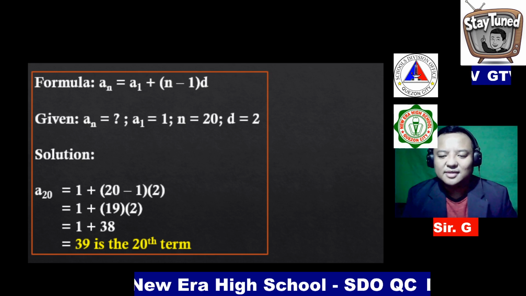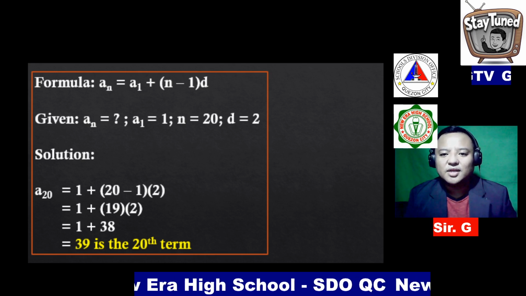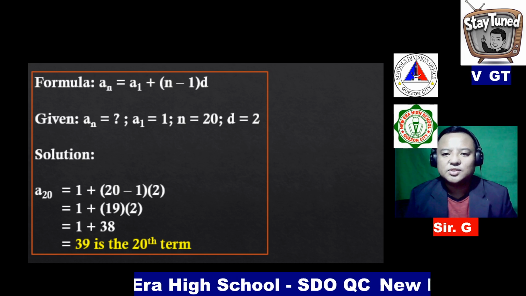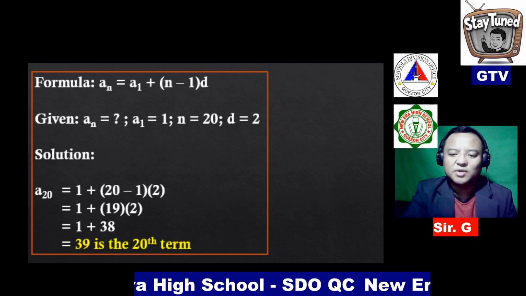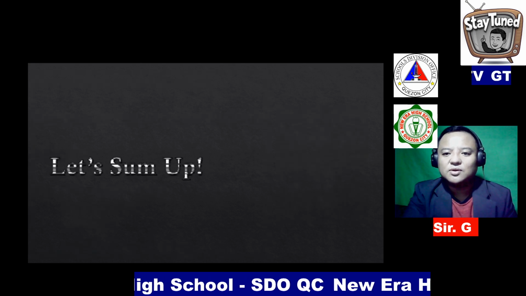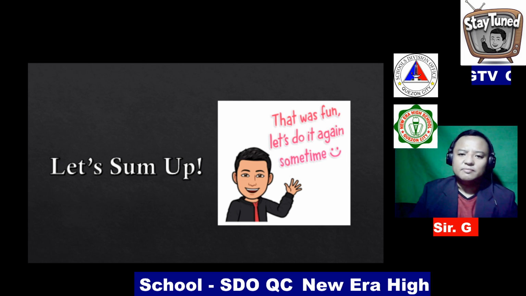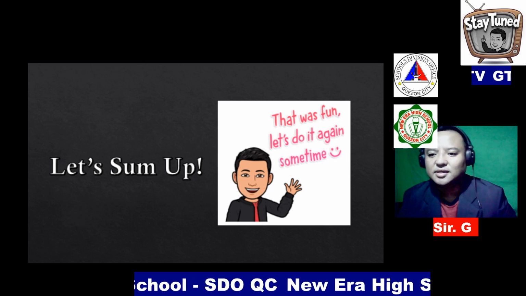Sobrang dali, guys. No? I hope you learn how to solve for the nth term using the arithmetic sequence formula. Okay. So, let's sum up, guys. Paano na nga kumuha ng nth term ng isang arithmetic sequence?